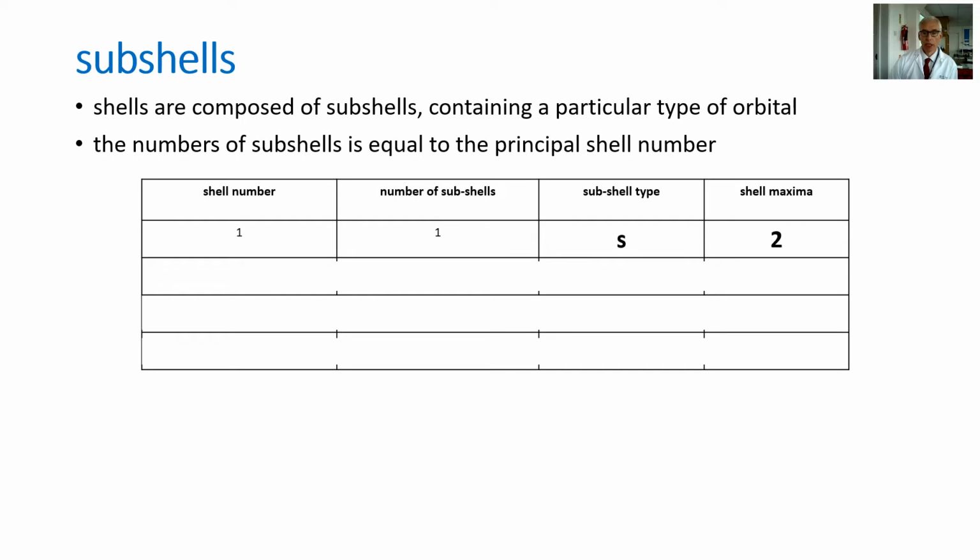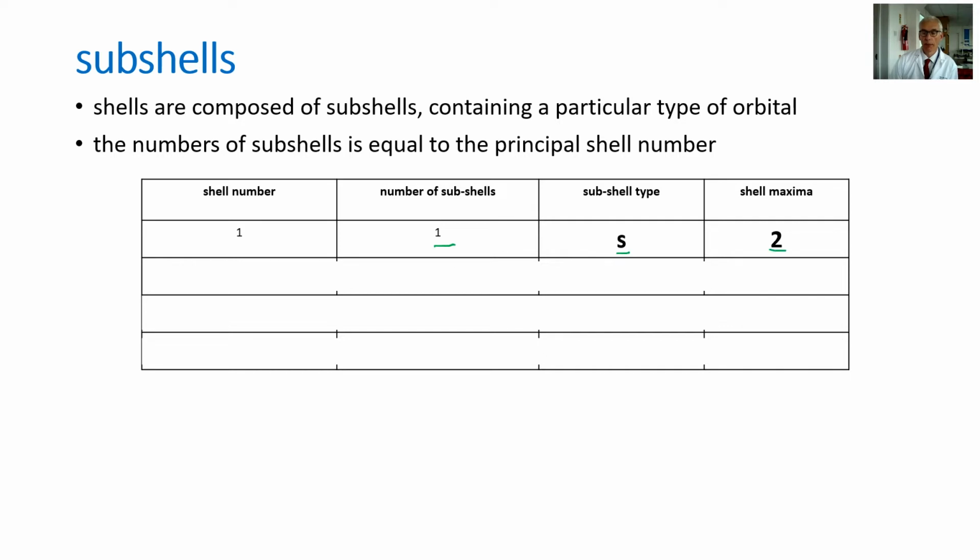So, if we look here, shell number 1 has 1 subshell. That type of subshell is an S subshell, and the shell maximum is 2.